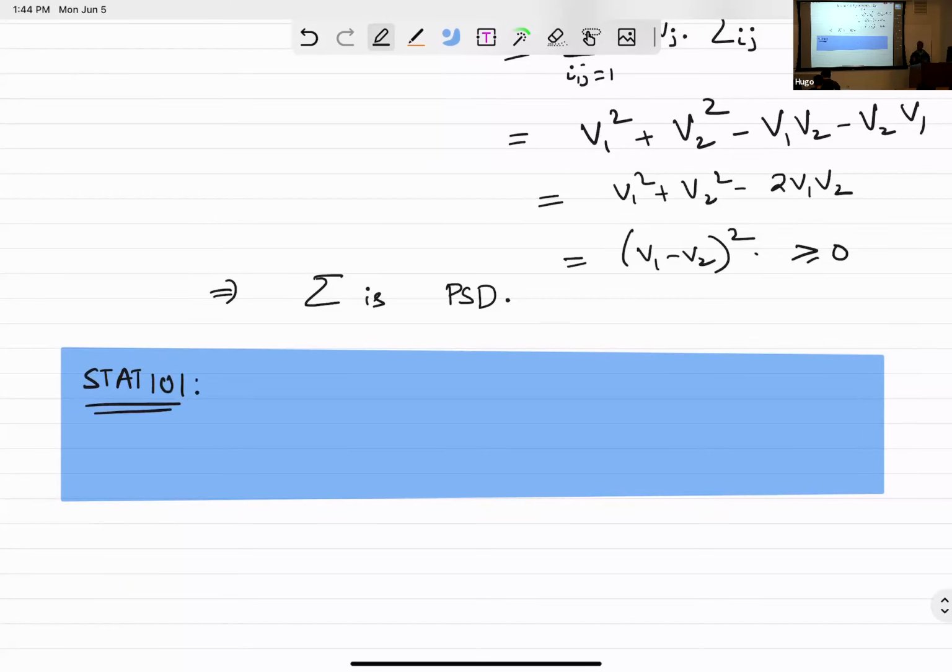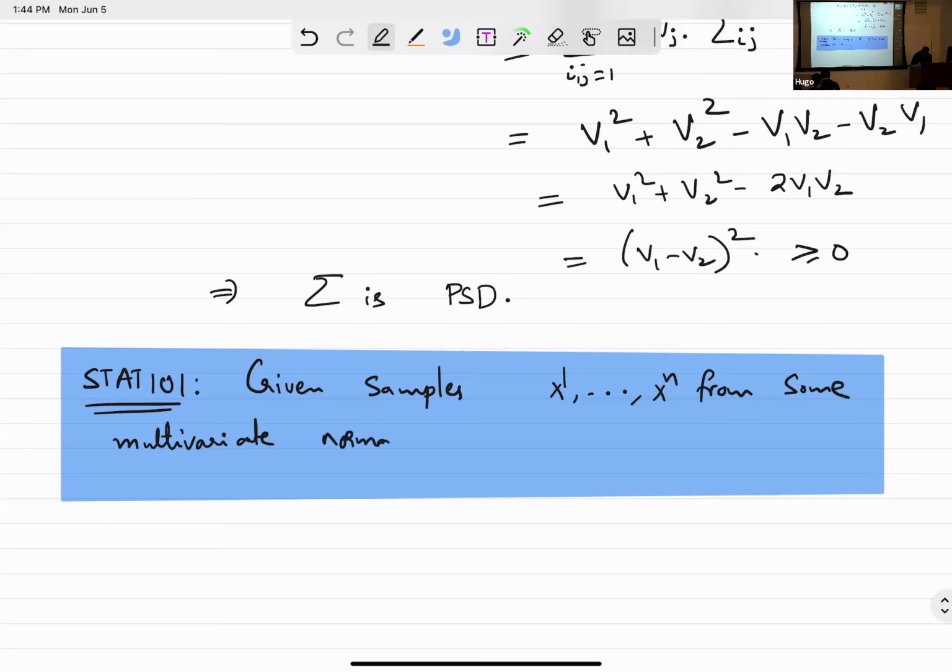I think the most basic setting, even more basic than linear regression, is given samples x1 through xn from some multivariate normal distribution, or Gaussian distribution. I want to estimate sigma. Give me some parametric estimate of what the covariance matrix is just from this sample.